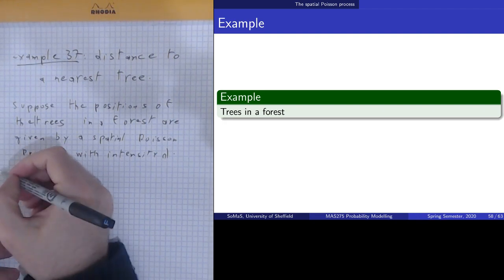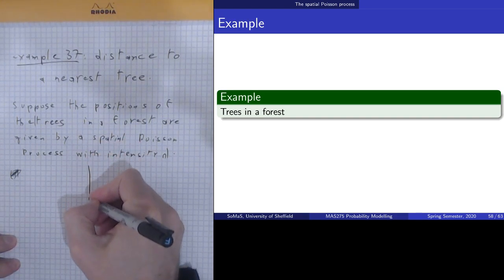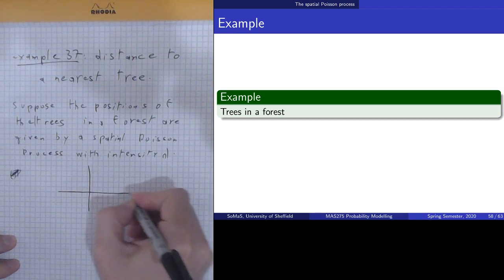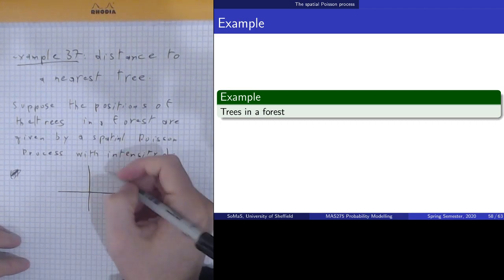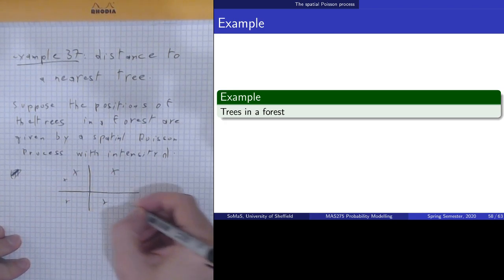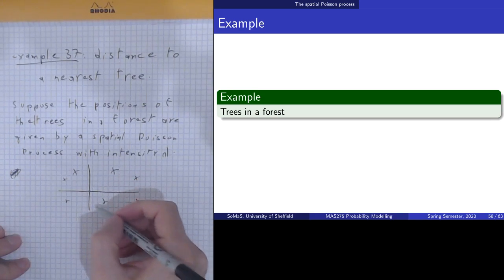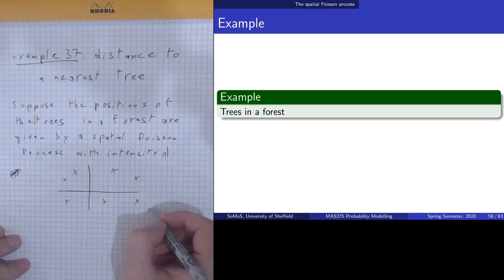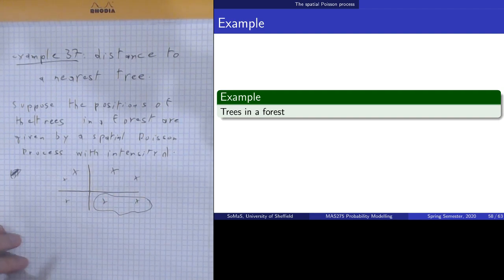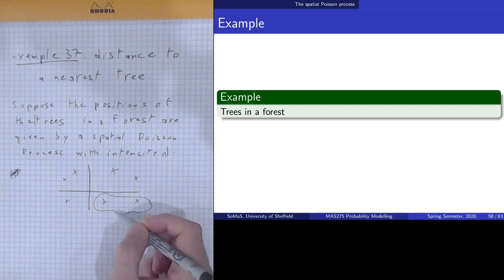Let's be more clear before the questions, though, is that we're taking our forest to be the whole plane, R squared, and so we're putting points according to this Poisson process. And say the number of points occurring in anything, for example, this squiggly box is a Poisson variable with parameter equals to the area which I circled here.